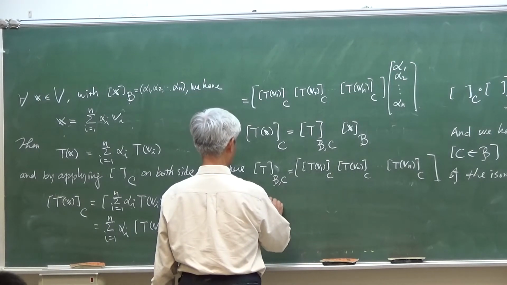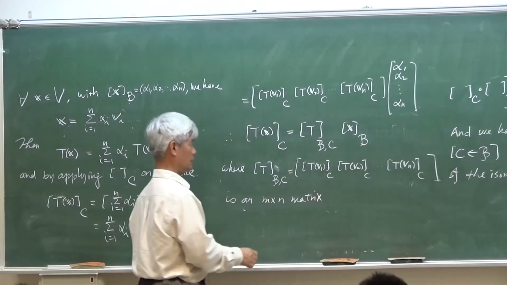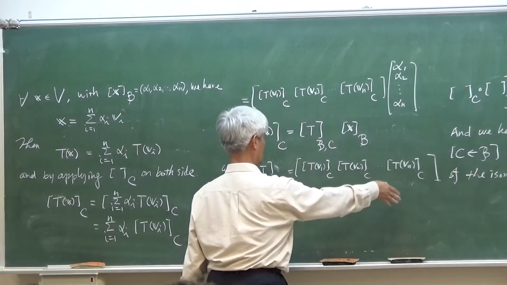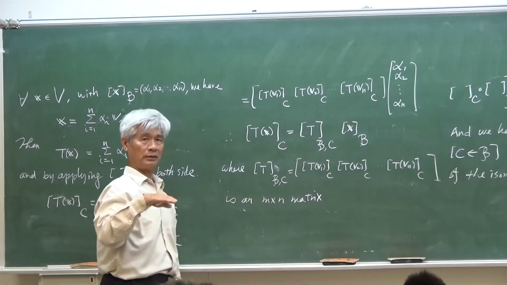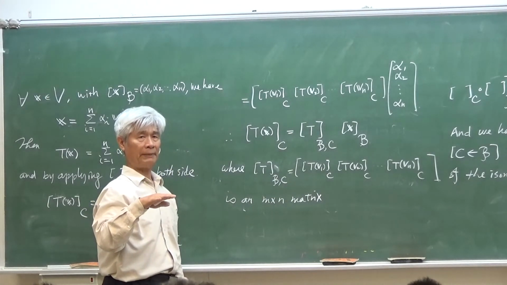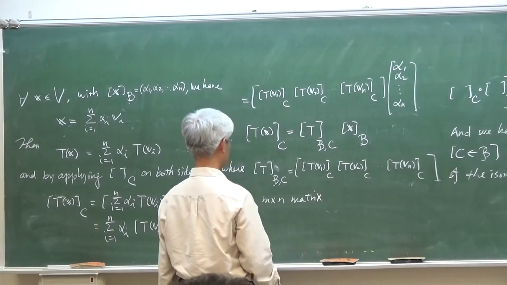It's an m times n matrix, because it has n columns, but each column is a coordinate vector in Rm.